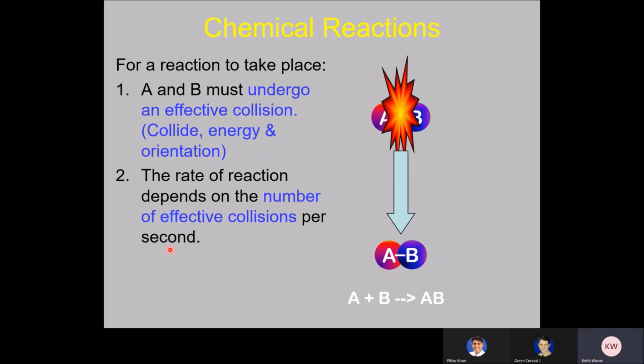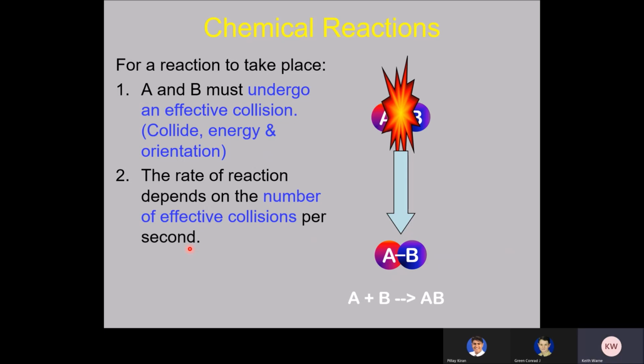One of the places where people often lose marks here is when we ask them to explain the effect of temperature, or explain this, or explain that. You have to go down to collisions, and you have to talk about the rate of collisions. You either have to say the rate of collisions, or the number of effective collisions per second. You can't just say more effective collisions, or not even just more collisions.